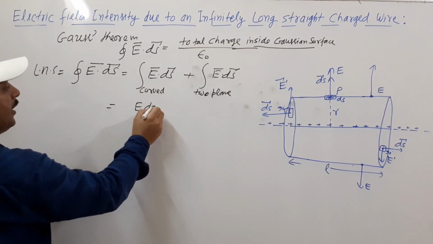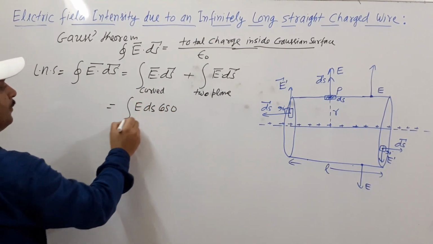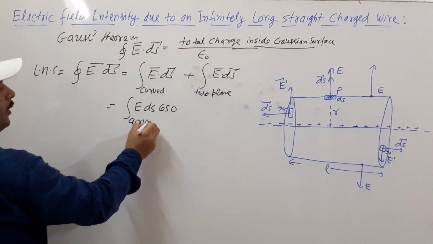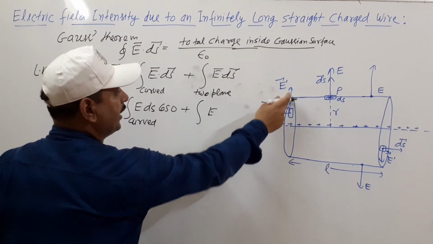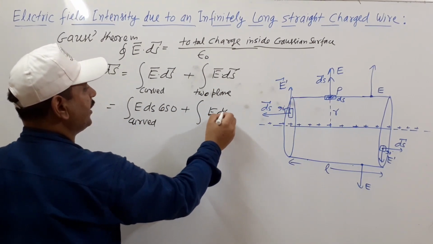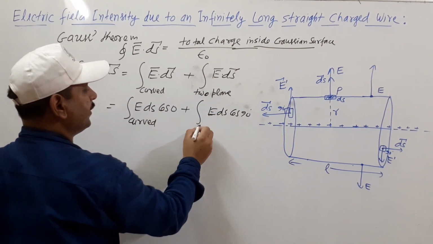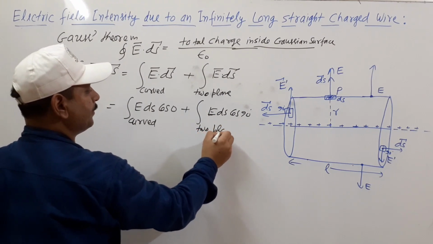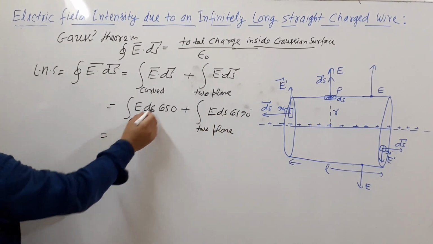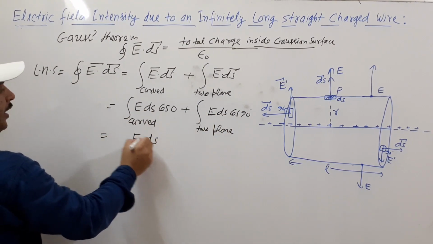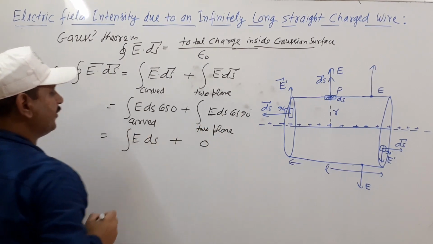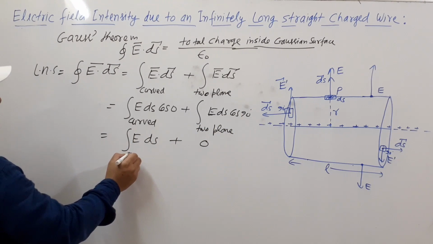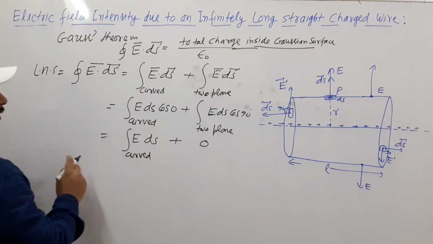So here E ds cos 0 for curved. For plane I have told you E and ds are perpendicular to each other. So E ds cos 90 for plane. Here cos 90 is 0.